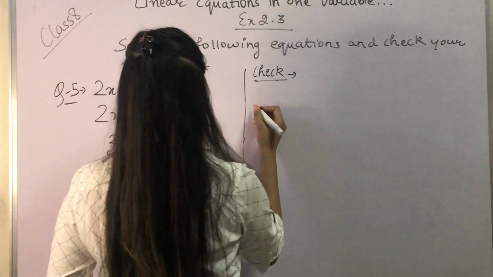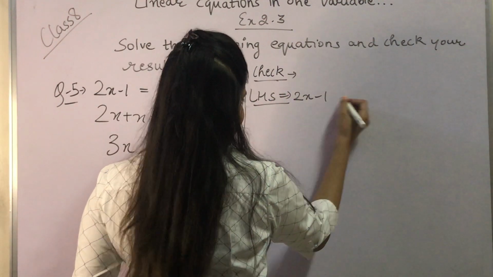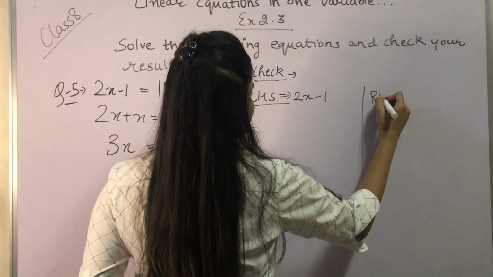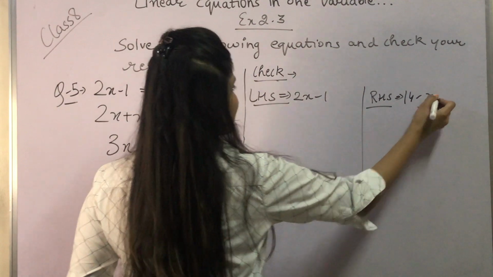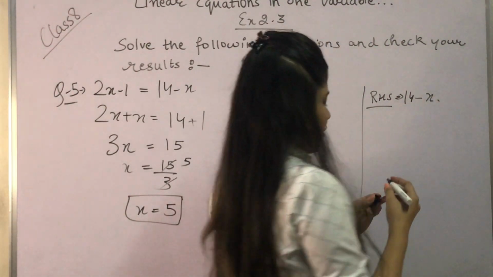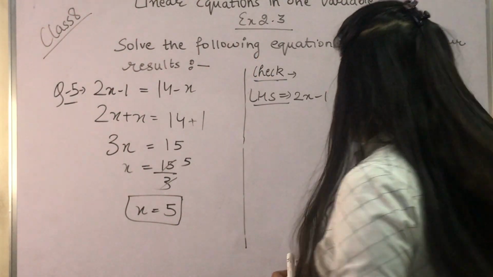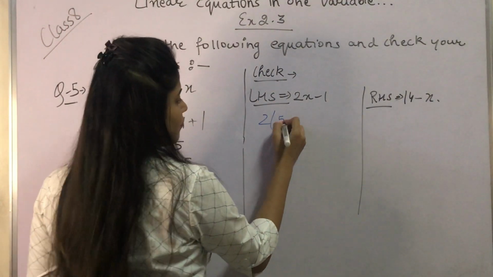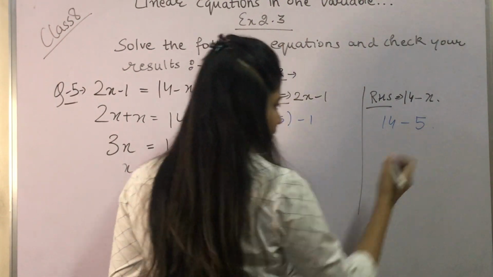So LHS is 2x minus 1 and RHS is 14 minus x. So put the value of x, which is 5.